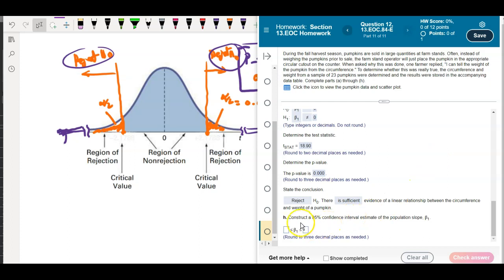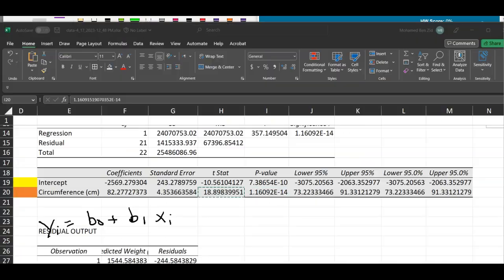All right, the next question is asking you about the confidence interval, the 95 percent. And this is already given to you by Excel automatically. You can notice here the upper and the lower boundary. So we are talking about B1. The lower boundary is going to be this value.